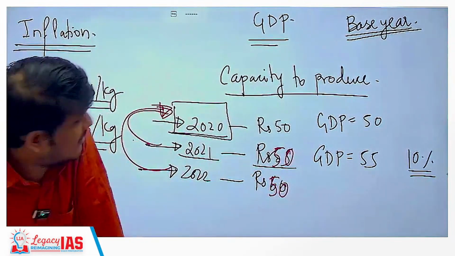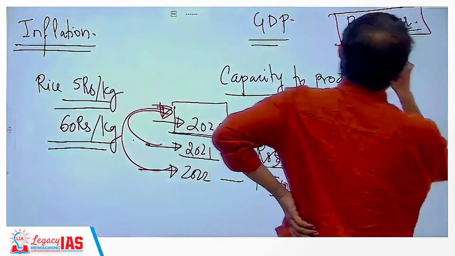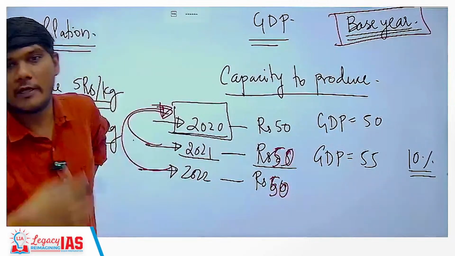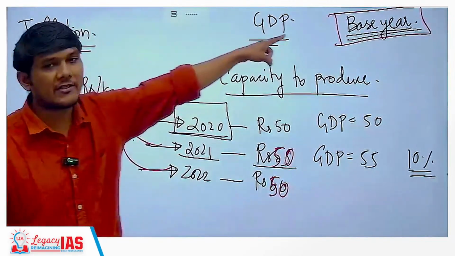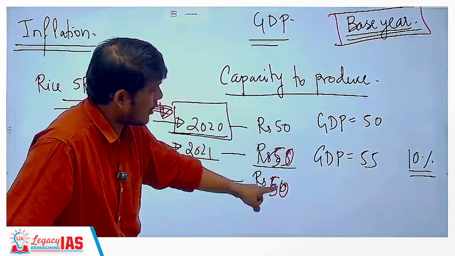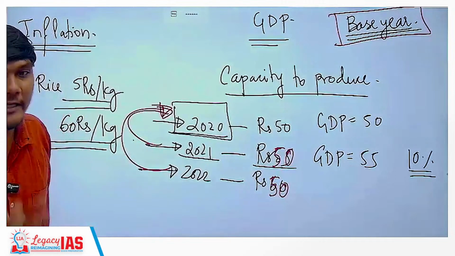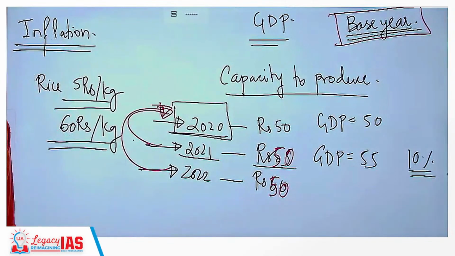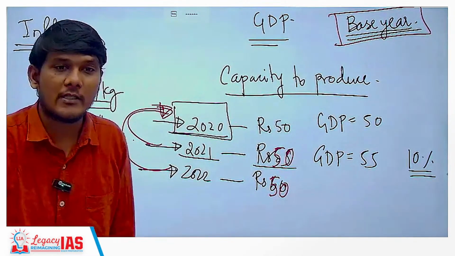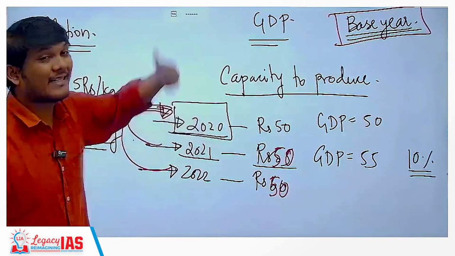Okay? So that is the reason you fix a base year and you keep on calculating the subsequent years' GDP based on that base year only, so that you can compare whether your production is actually increasing or not. If every time you keep on taking a new year, your production will seem to be increasing when actually it is not. It is only that the prices are going up.